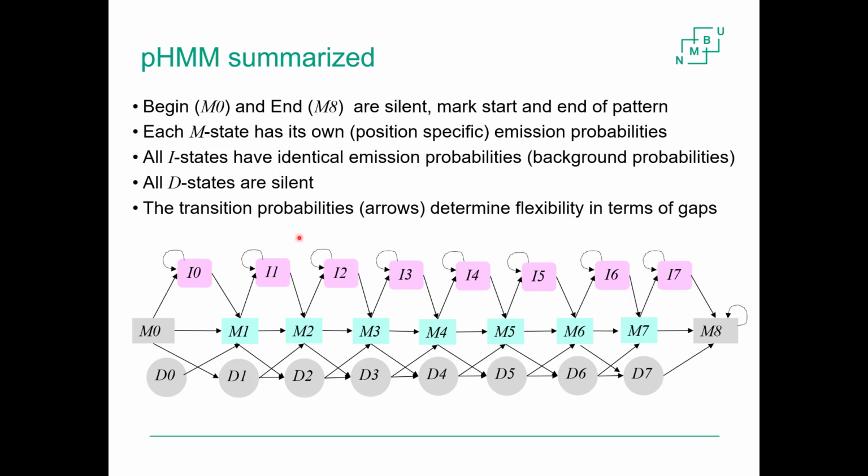And then the transition probabilities are all the arrows. They determine the flexibility here. If all but these ones are 0, then there is no flexibility. But as soon as you allow some of the other arrows to be a little bit bigger than 0, you add some flexibility of adding or subtracting symbols from your pattern.